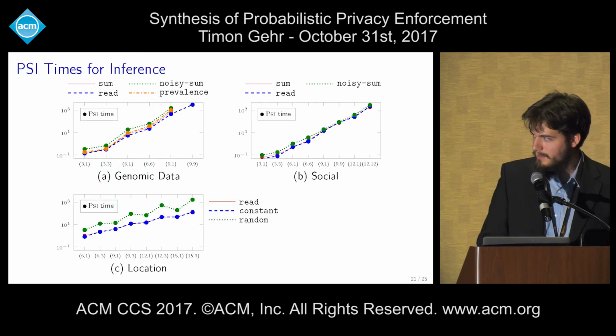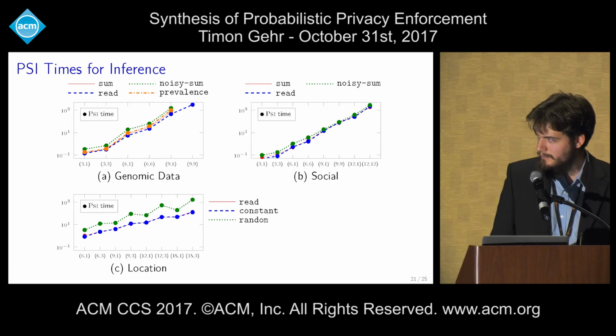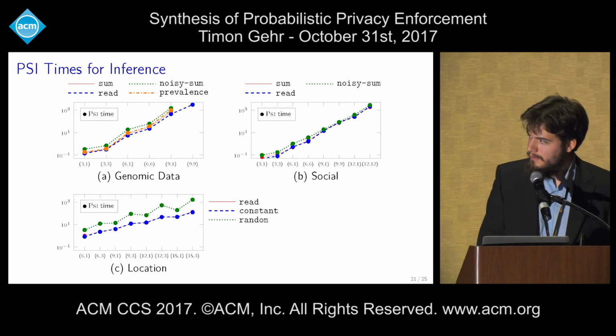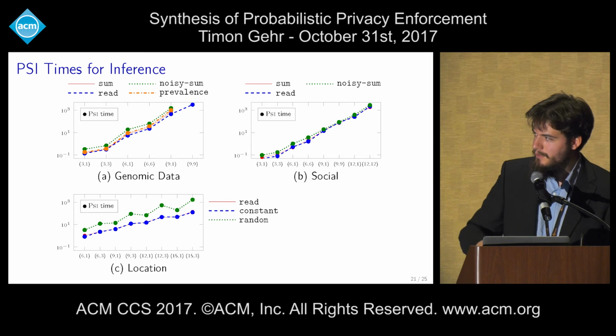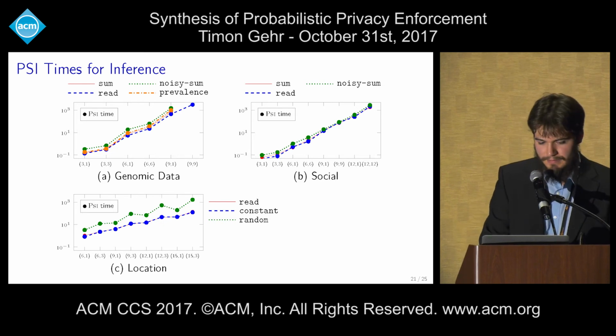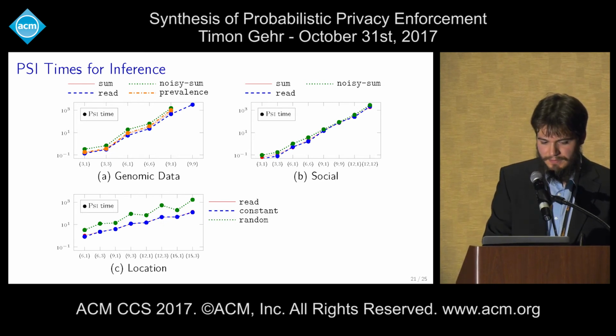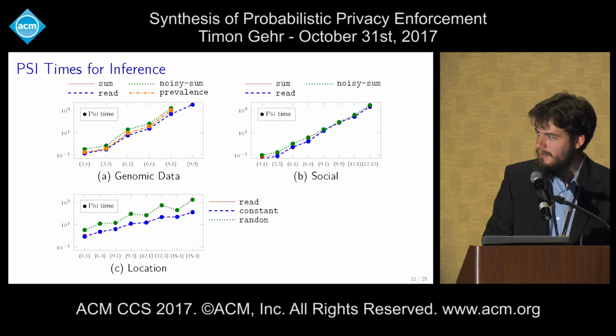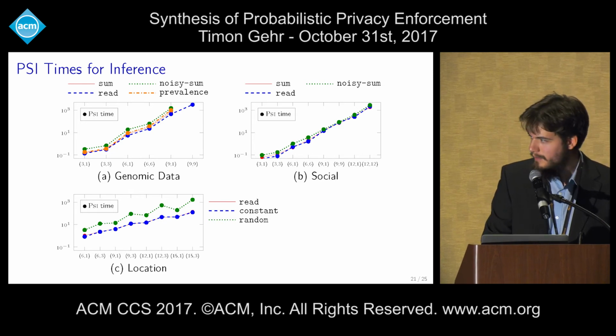This slide shows the inference times using PSI just to get the outputs, the probability of the outputs and the conditional probabilities of the secrets. The x-axis shows first the size of the input, and second the number of different policies. The trend lines don't necessarily make that much sense, but you can see that it scales roughly exponentially.